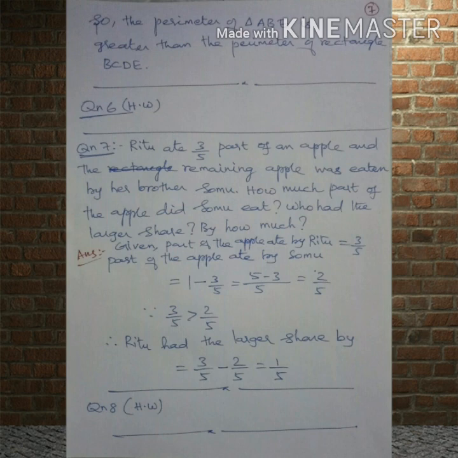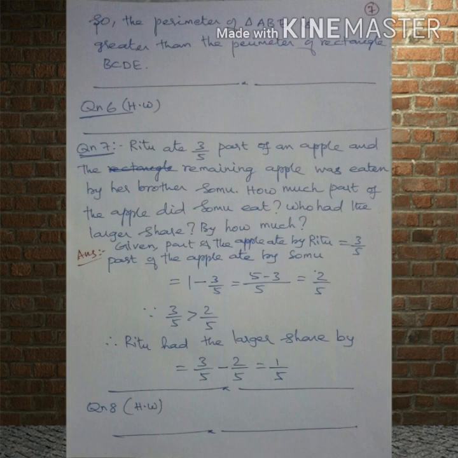In this problem, the given part of the apple eaten by Ritu is 3 by 5. The part of the apple eaten by Somu: there is one apple, in which some part is taken by Ritu and the remaining part by Somu. So the part eaten by Somu is 1 minus 3 by 5. Take the LCM for the denominators. 5 is the LCM.